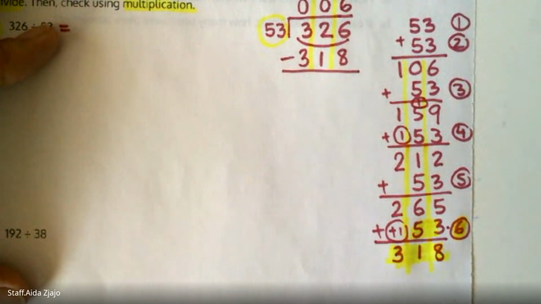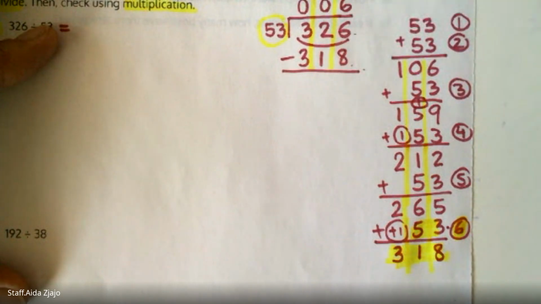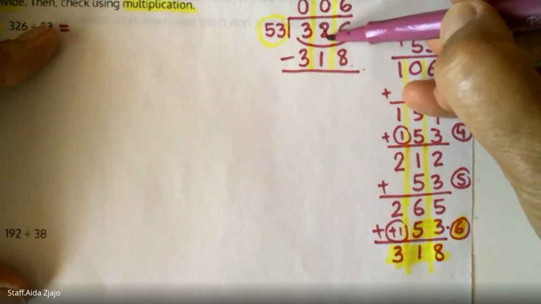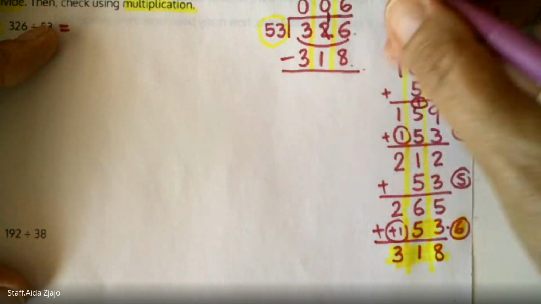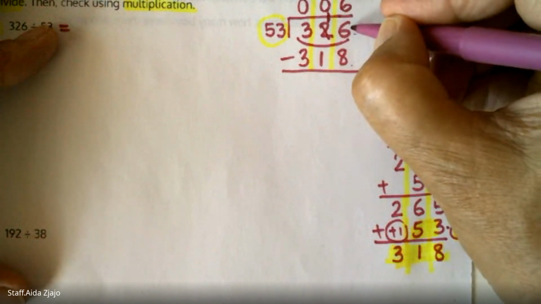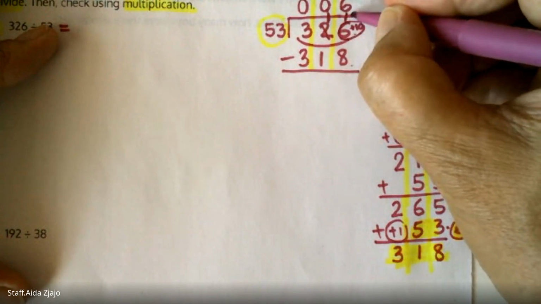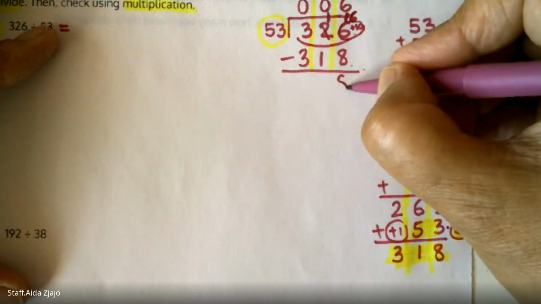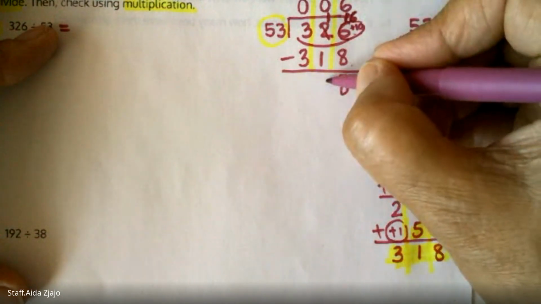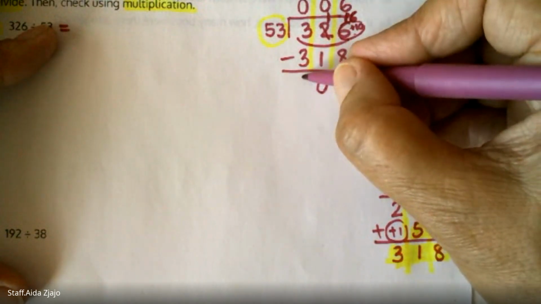I cannot subtract 8 if I have only 6 ones. So you have to regroup the tens, and 6 plus 10 will make, I like to put the 10 here and circle it, 16. So 16 minus 8 is 8, and 1 minus 1 is 0, 3 minus 3 is 0.